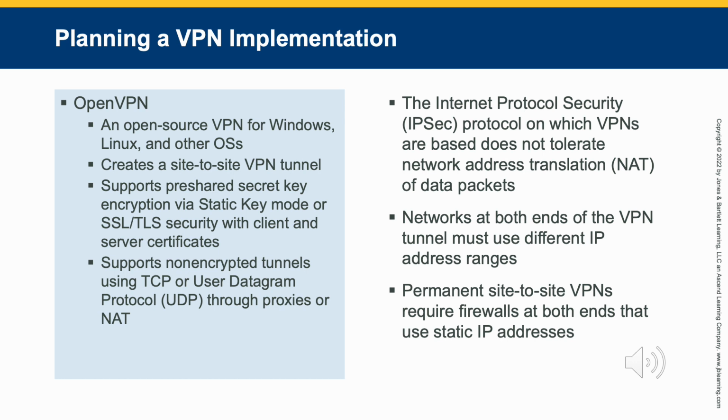IPsec, on which VPNs are based, does not tolerate network address translation packets. Networks at both ends of the VPN tunnel must use different IP address ranges. Permanent site-to-site VPNs require firewalls at both ends that use static IP addresses.